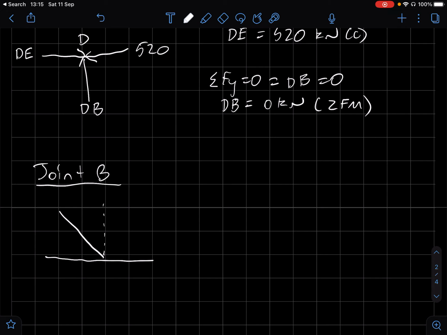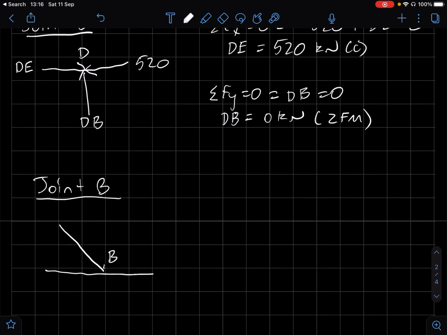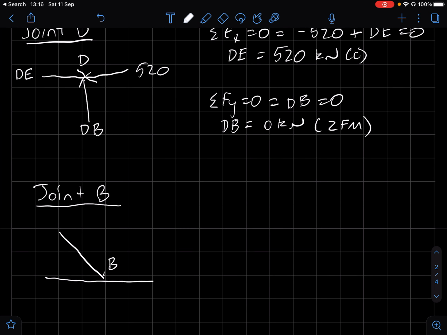We also have this 0 force member that we just calculated. I'm not going to show that in the diagram because it's really just going to confuse us. Joint B, and we have, what did we calculate before, guys? BE is the one that we want. We need to know this angle here.